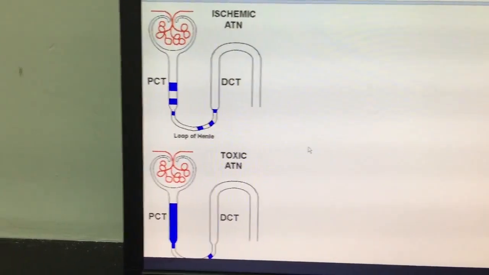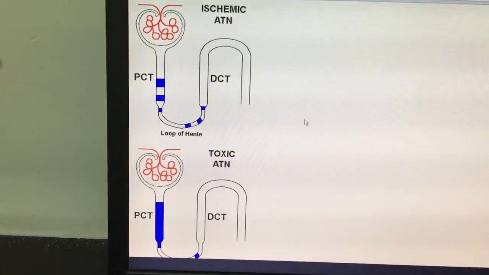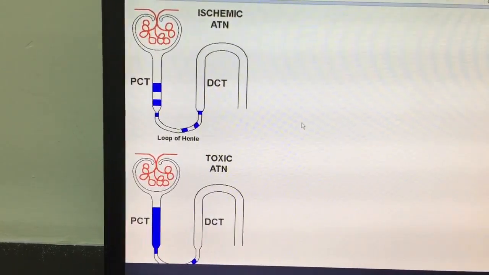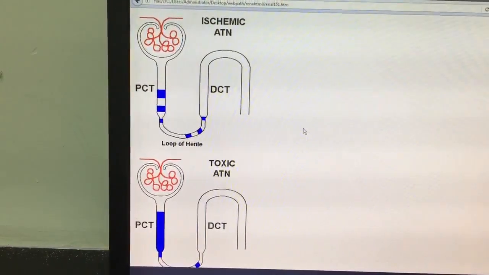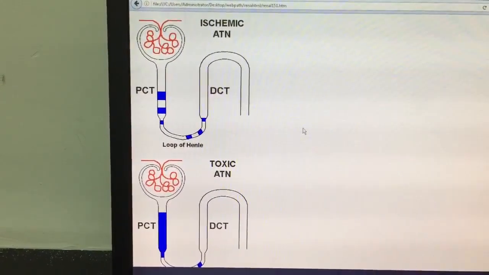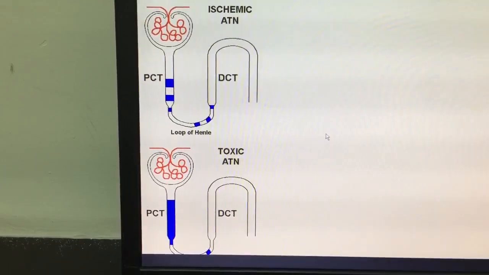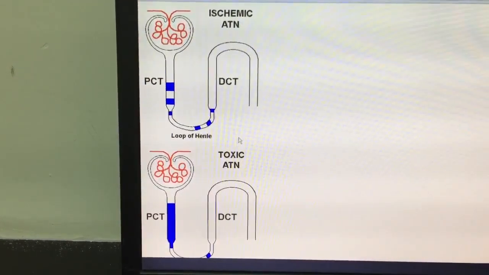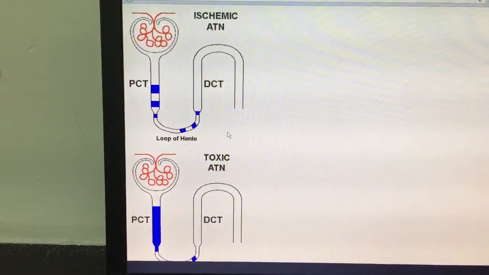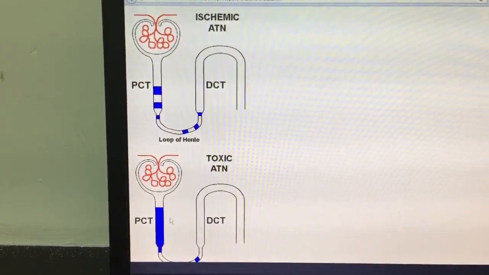One of the common lesions of the kidneys is acute tubular necrosis. Acute tubular necrosis, according to the etiology, is classified into ischemic and toxic types. They might be distinguished on histological examination by the extent of involvement of the proximal convoluted tubule.